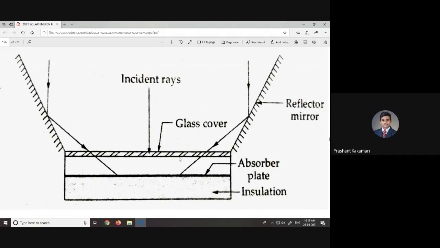By this we can increase the temperature of the absorber plate or the performance of the flat plate collector. Okay, so this is about the incident radiation, how to improve it from our side.